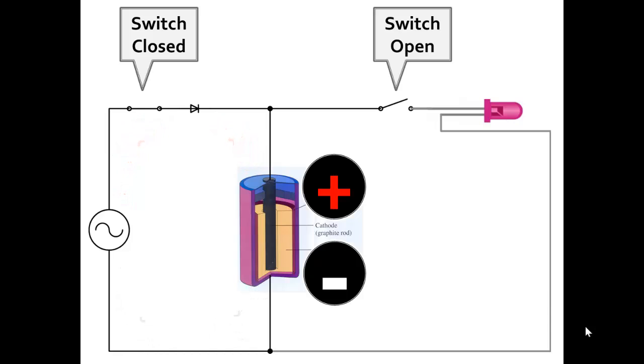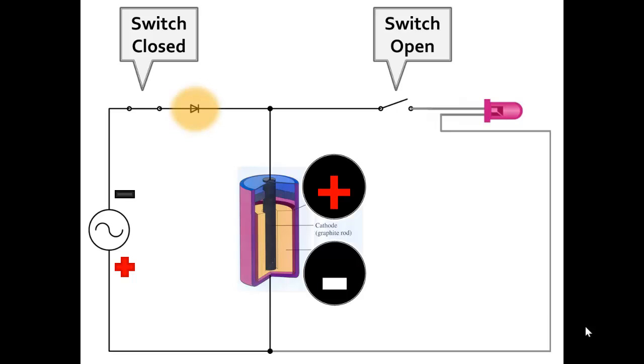When that half cycle is completed, and then we see the other direction, notice the negatives on the top, now positive on the bottom of the AC supply, that diode will not allow current to flow in that direction. If it did, then electrons coming out of the AC supply would go up and down in the positive side of the battery, thereby discharging the battery.